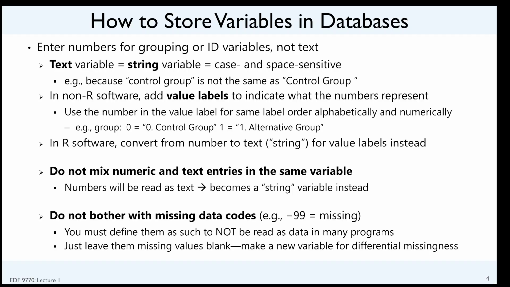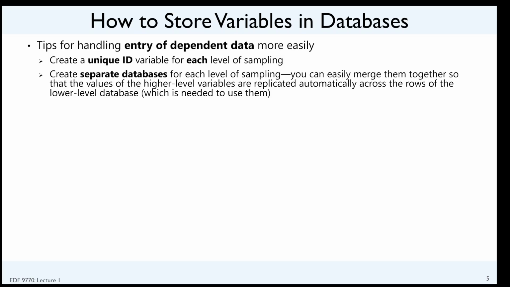It gets treated as a number unless you override that to set missing data codes. So to avoid all of that headache, just leave it blank. It's missing. If you need to keep track of different reasons why something is missing, like didn't want to answer versus didn't show up that day, that's a separate column. And then you would have numeric codes that would go along with all the possible reasons for missing this.